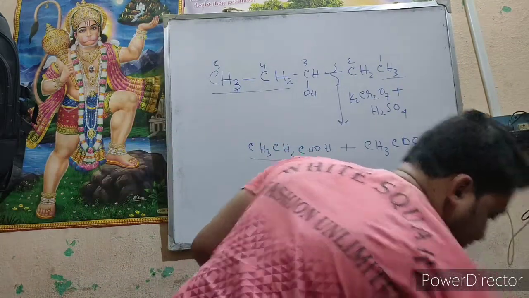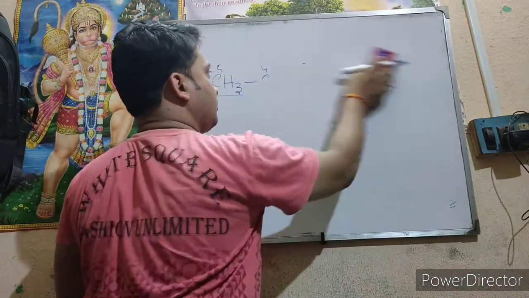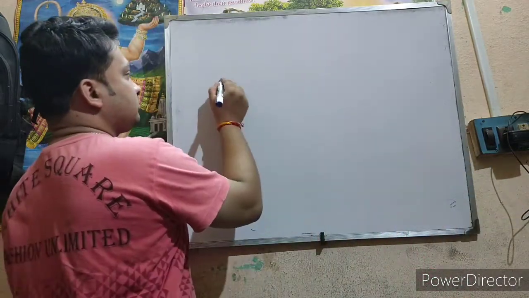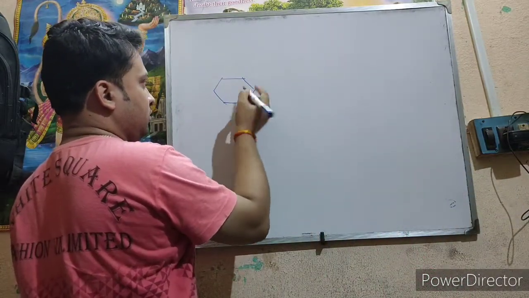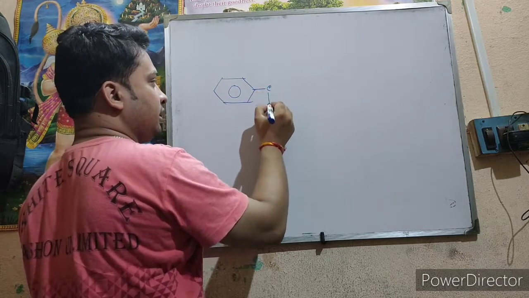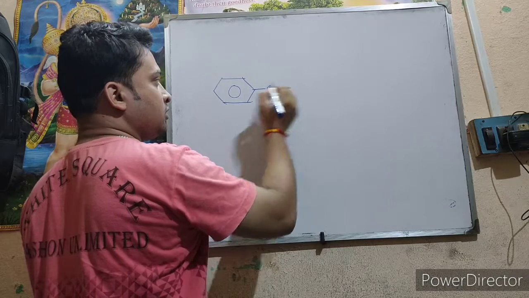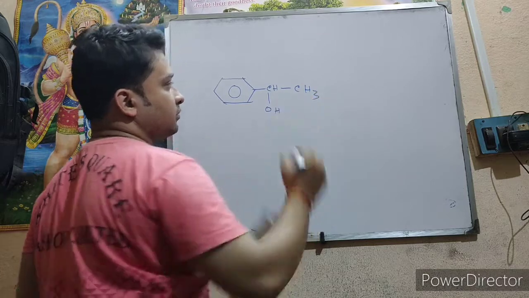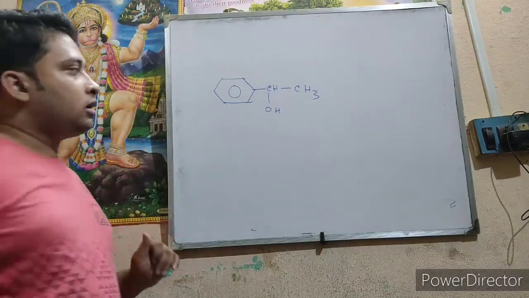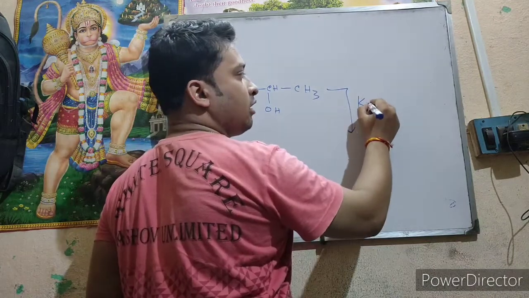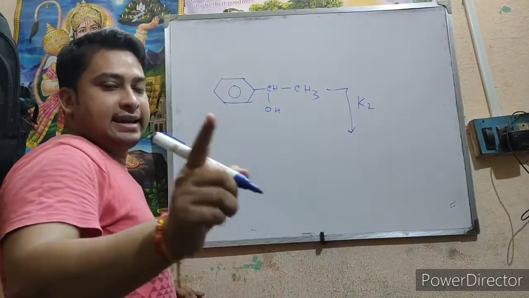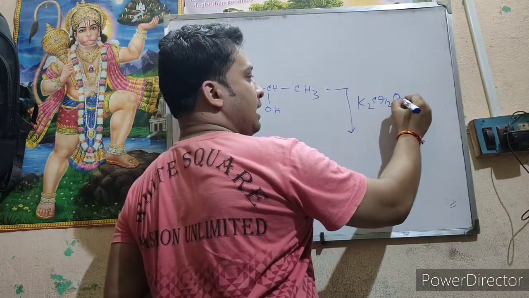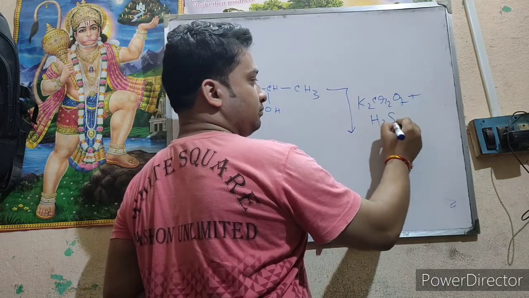Now take another example. If you have this, CHOH, with a benzene ring, and then CH3. You take this and you want to react it with an oxidizing reagent, that is potassium dichromate, K2Cr2O7 and H2SO4.